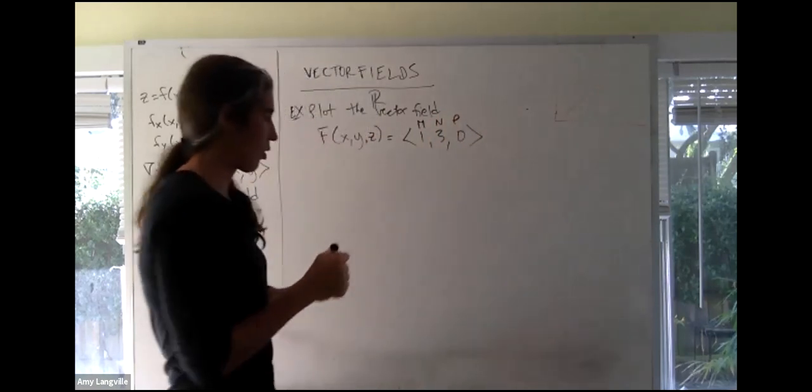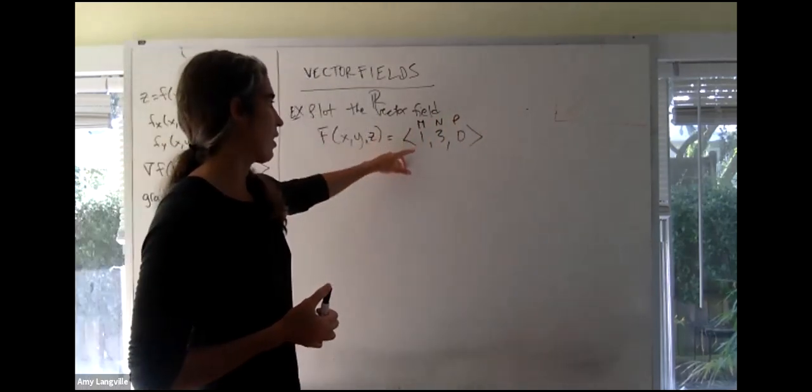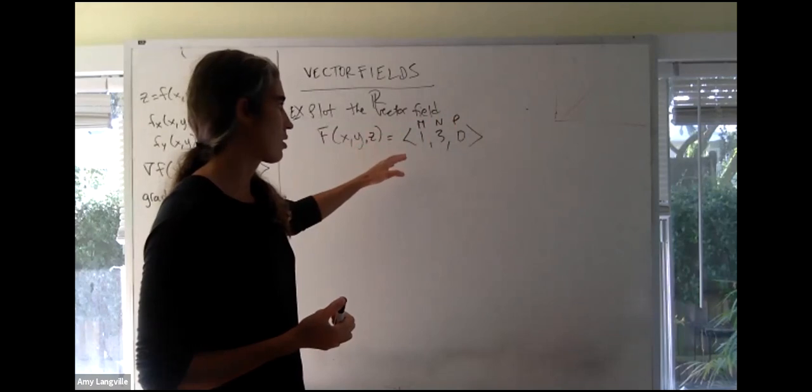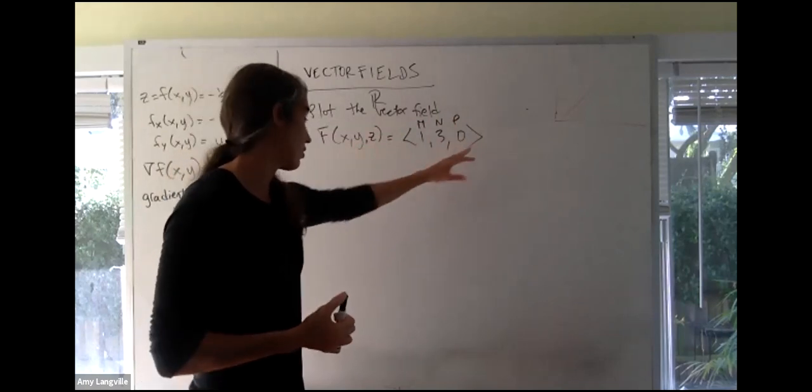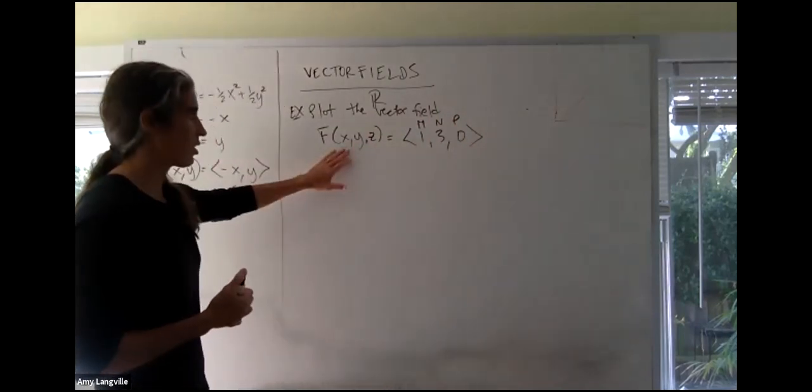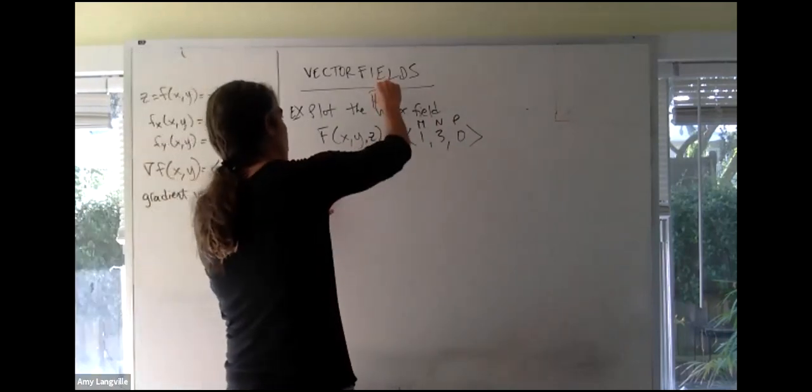So again, each of the components is a function that represents your first movement in the x and the y and then the z.